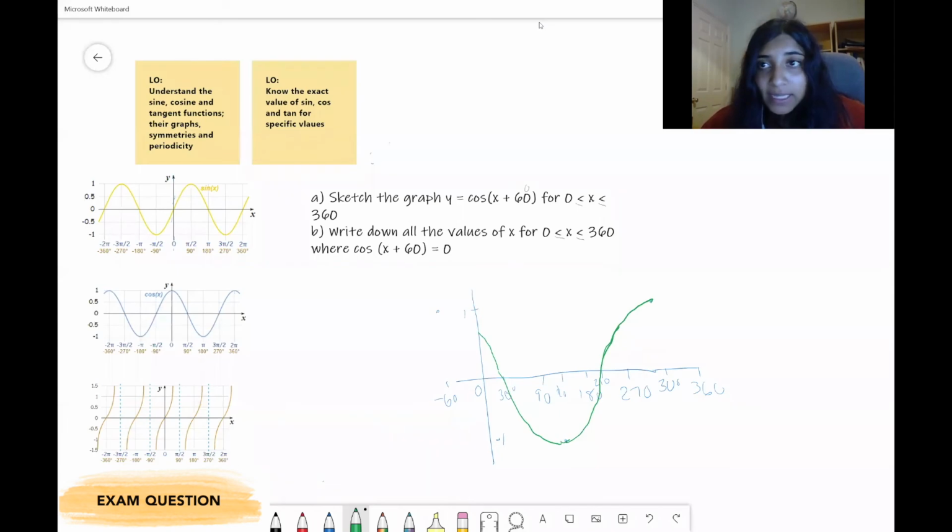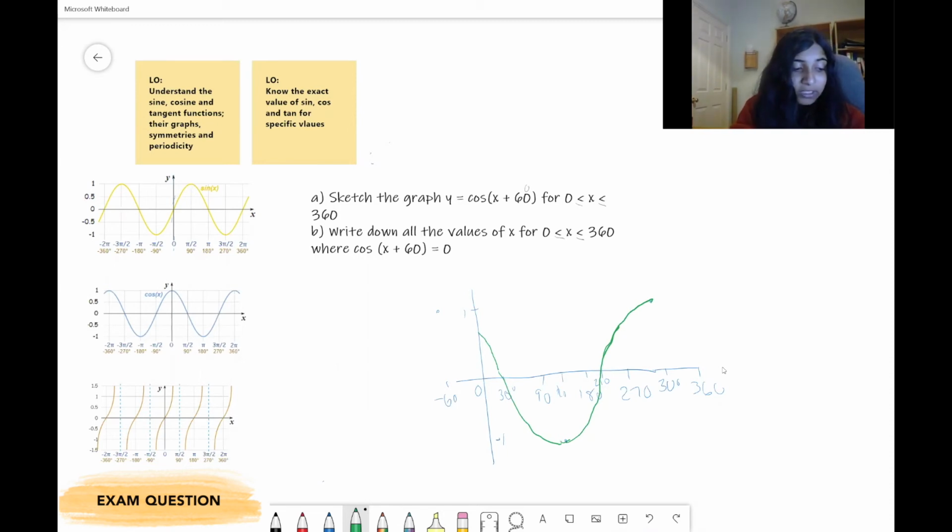We know that whenever we have the 2 points that cross the x-axis, that's between 210 and 30, so there's just a 180 degree gap between the two. And we know that because the graph is periodic, the next time it would cross the x-axis would also be after 180 degrees.